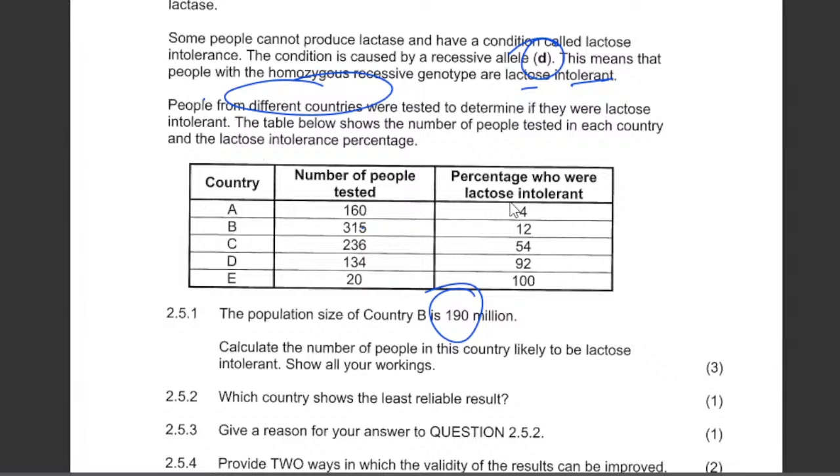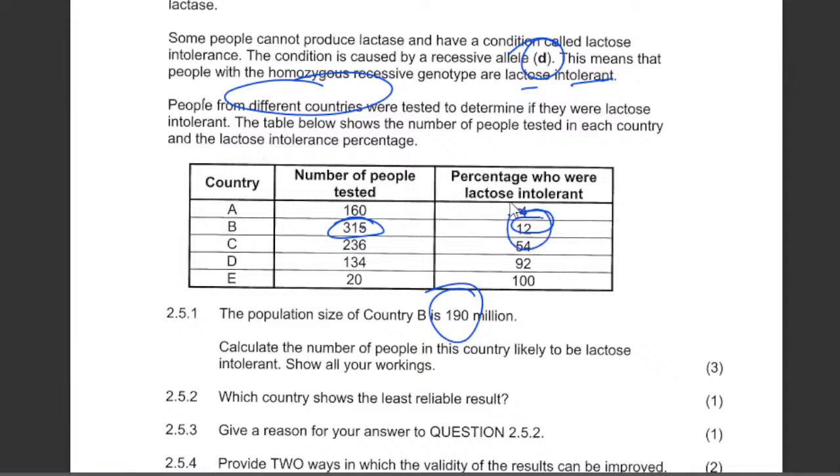Here they're saying the percentage of people who are lactose intolerant. So these are the number of people they tested, and this is the percentage of the people who are lactose intolerant. You understand?